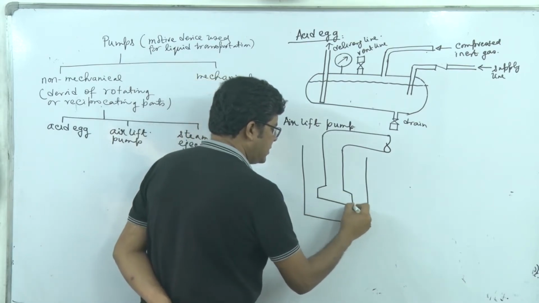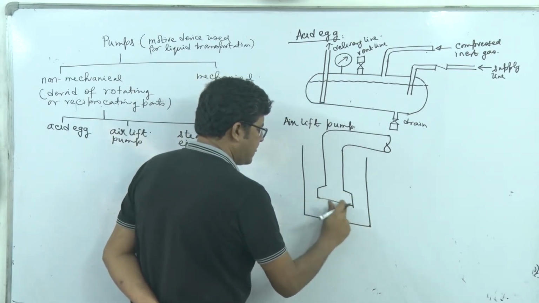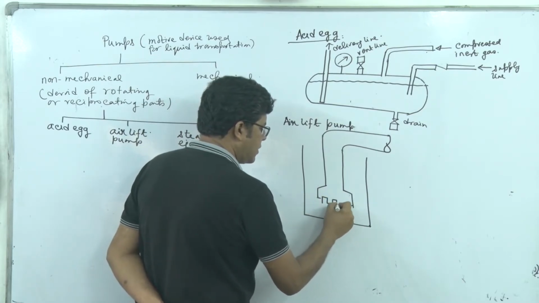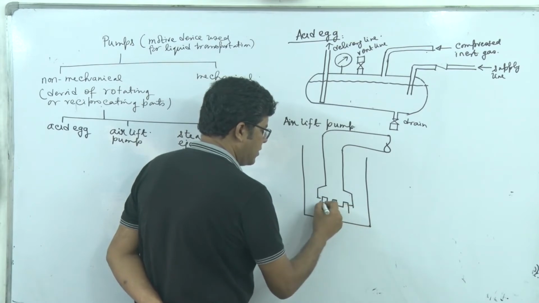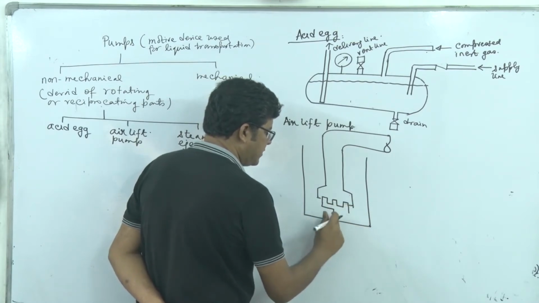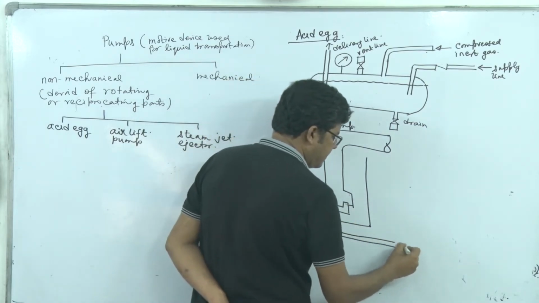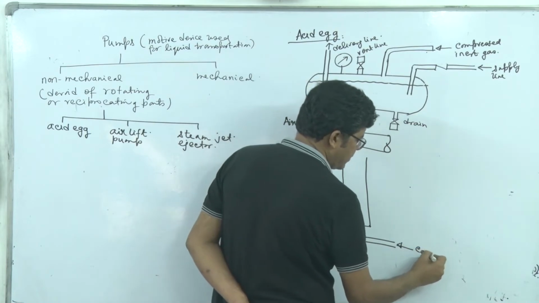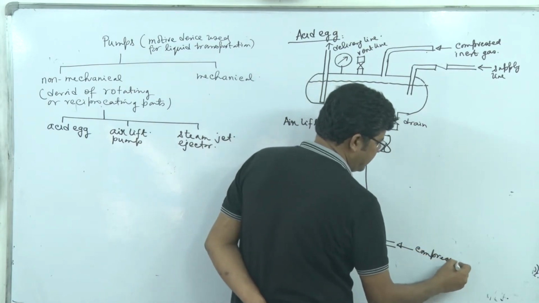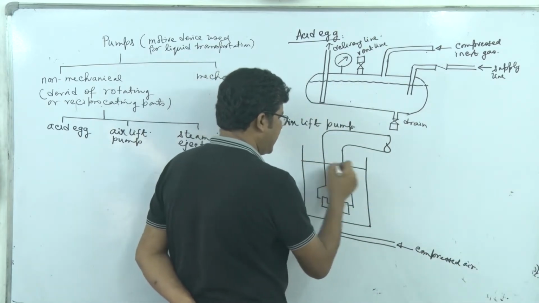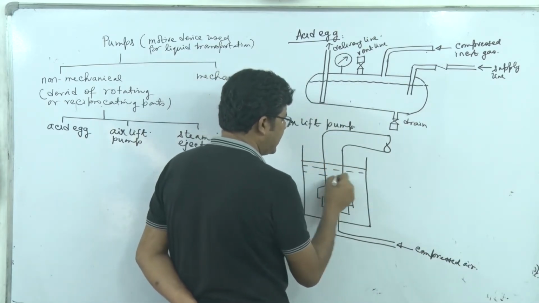Here we charge compressed air through a sparger or distributor system, and the liquid to be pumped is filling the reservoir or sump tank.